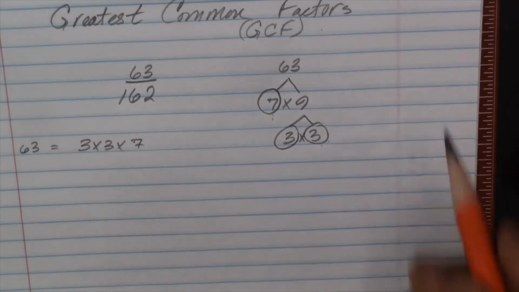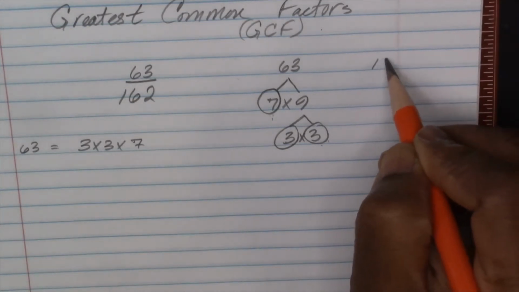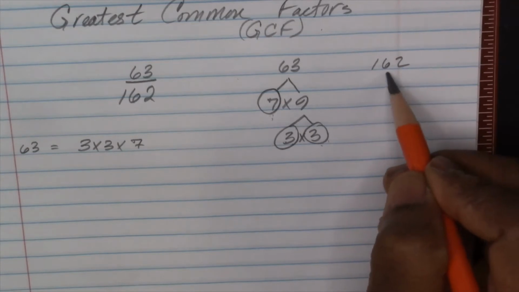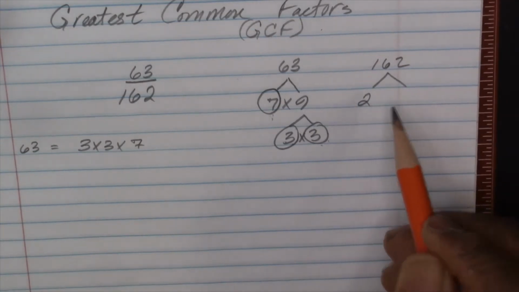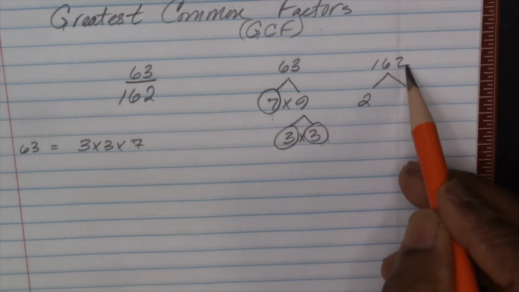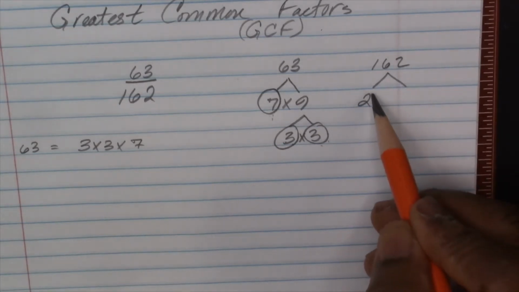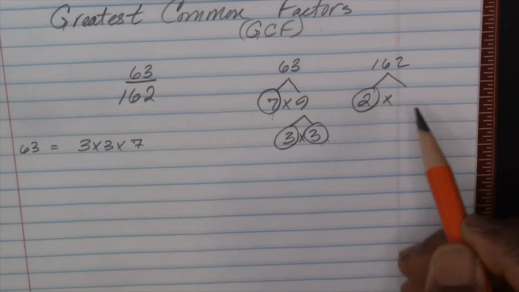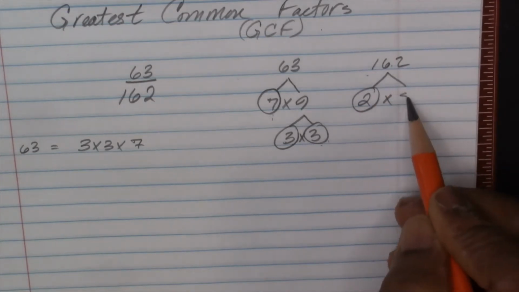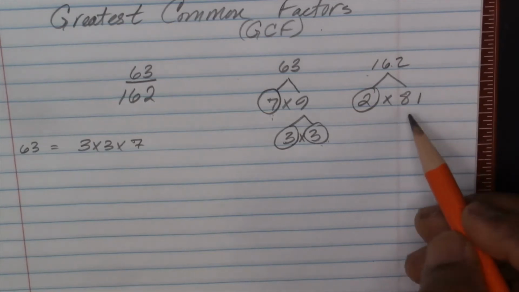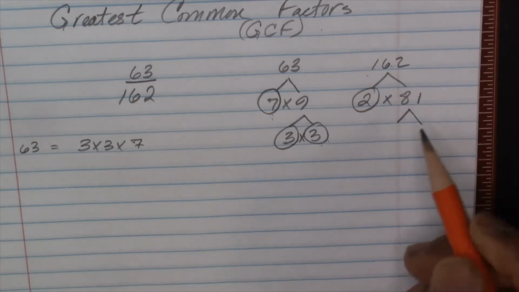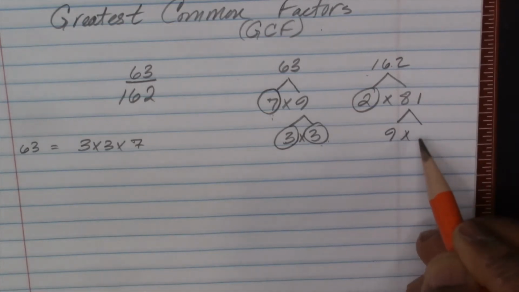All right, let's factor out 162. And this should be interesting because I don't know my multiplication facts that well, but I do know that 2 goes into 162 evenly because 162 is an even number. 2 is a prime number, and 2 goes into 16 eight times, 81. 2 times 81 equals 162. I know that 81 is a perfect square, so it's 9 times 9.